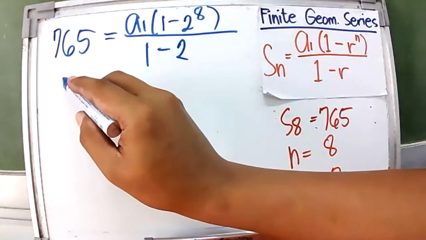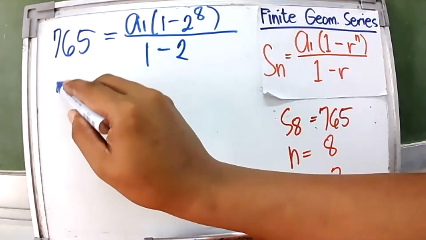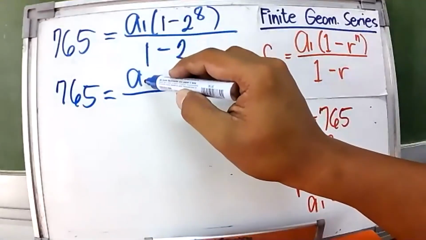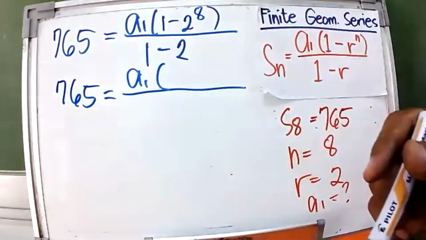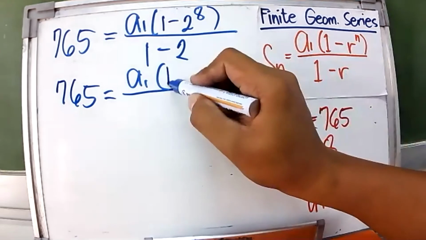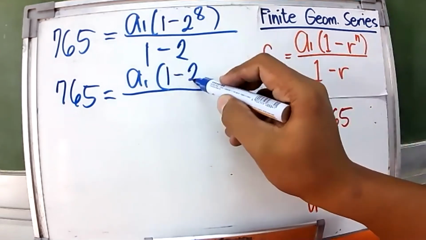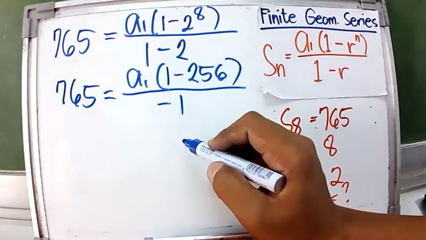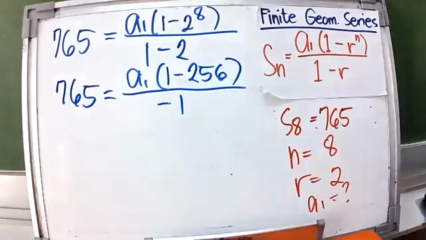So we now have 765 is equal to A sub 1 times 1 minus 2 raised to 8. What's 2 raised to 8? 2 raised to 8 is 256. So that's 1 minus 256 over 1 minus 2, that's negative 1. Okay? Now, gusto ni Alexa kanina, naka-cross multiply.